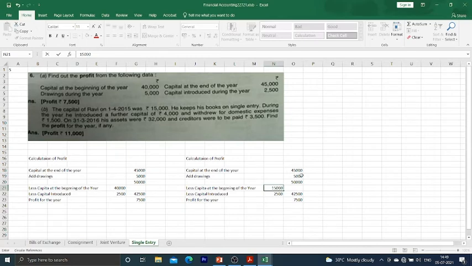He keeps books on single entry. During the year, he introduced further capital of 4,000, and withdrew for domestic expenses 1,500. His assets are 32,000, creditors 3,500. So 28,500 is the capital at the end.